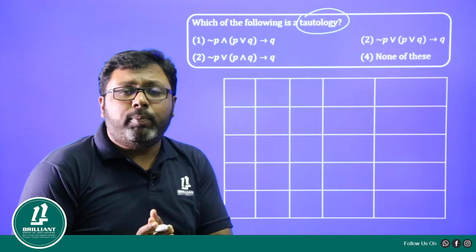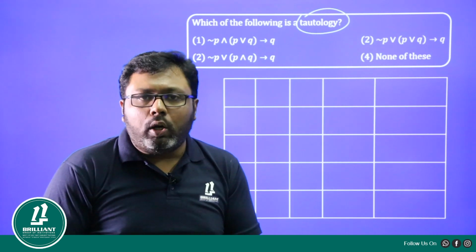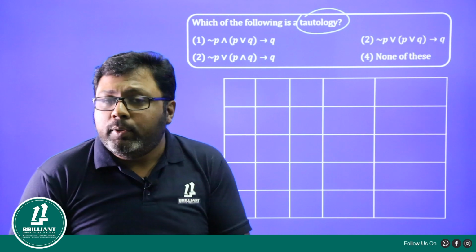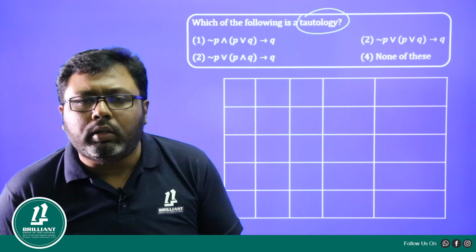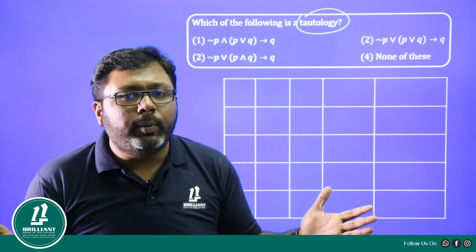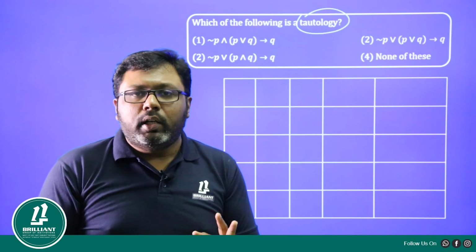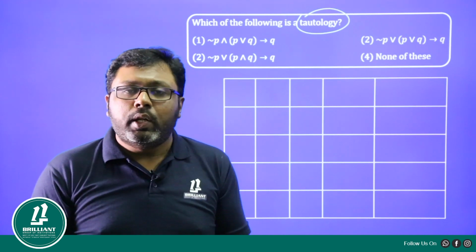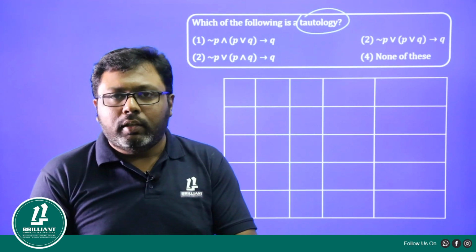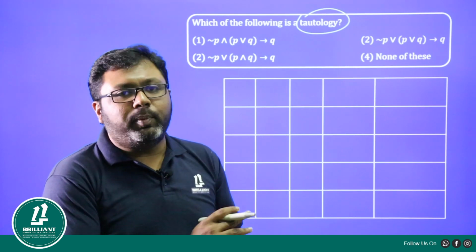Now what is a mathematical proposition which is always true? Let's assume I'm giving you a ball and I'm saying that the ball is green or not green. That covers up all the possibilities, right? If somebody asks, is it true? Yes, definitely true. This ball is either green or not green. Not green covers up all the other colors and green covers up the green color.